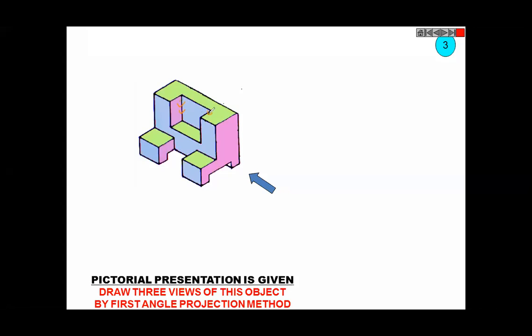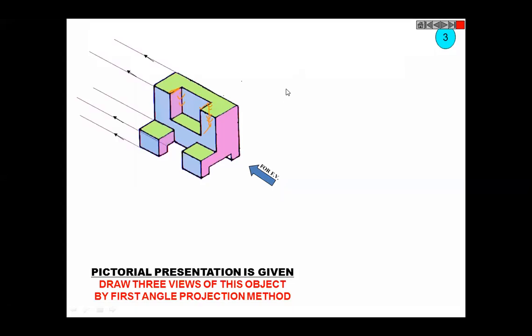Similarly, this corner up to bottom will be having something like this here. So this is not visible, but this hidden line and this hidden line will coincide. So you will be able to see only one hidden line, because right now you are not given dimensions. If these dimensions are given, this distance and this distance are the same. So this line and this line will coincide like this. See, I told you.